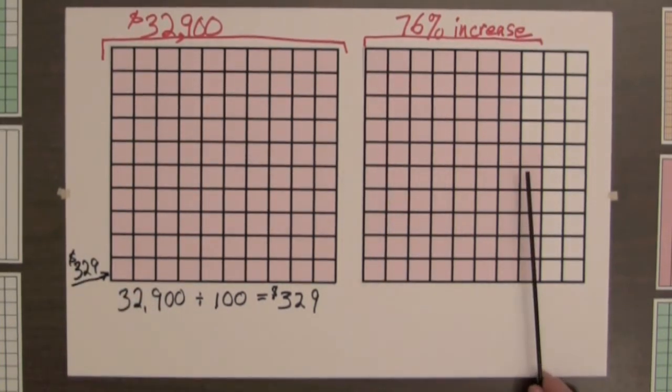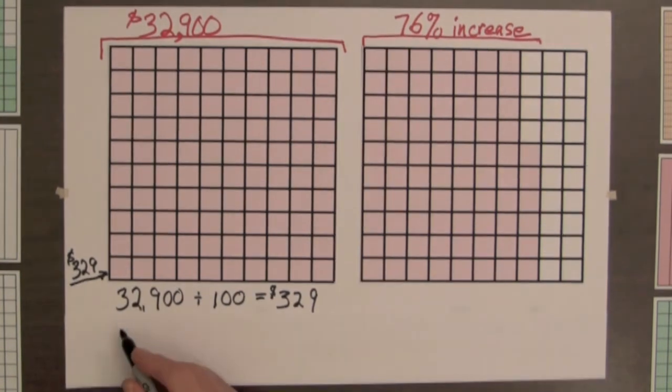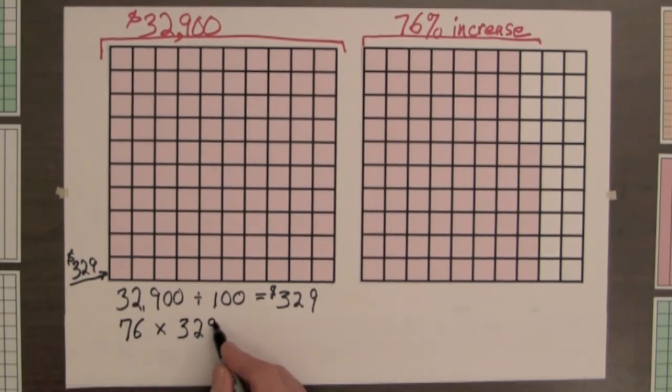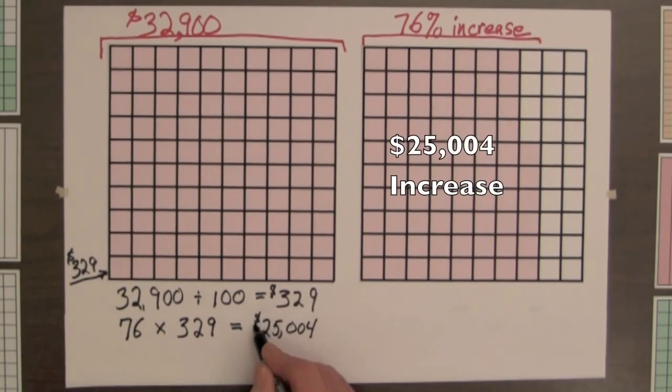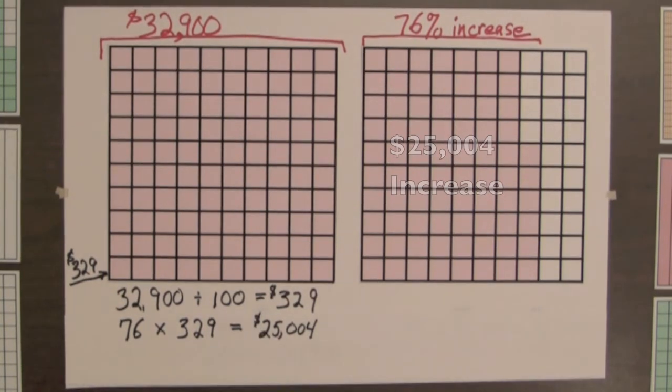The value of the 76% increase is 76 times 329, and that equals $25,004.